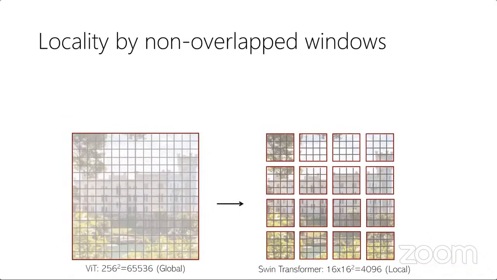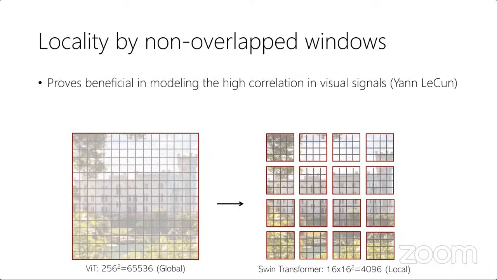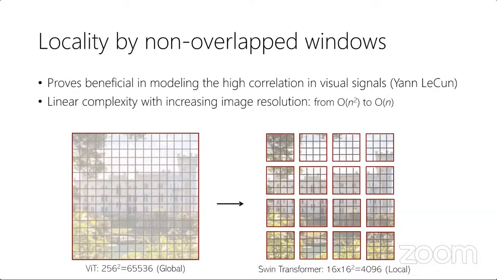The second good prior is called locality. Different from natural language, visual signals are highly correlated spatially. Locality has proven very beneficial in modeling such highly correlated data. Locality can also make the complexity linear to image resolution, instead of quadratic as in ViT. For example, please see the left image.